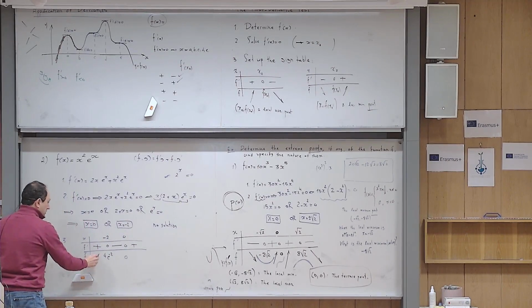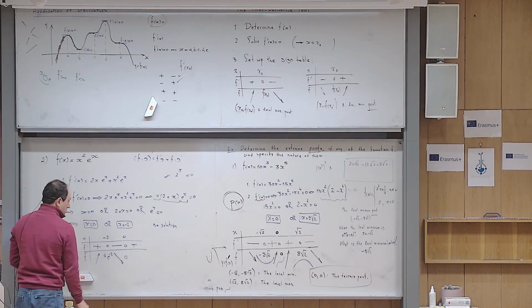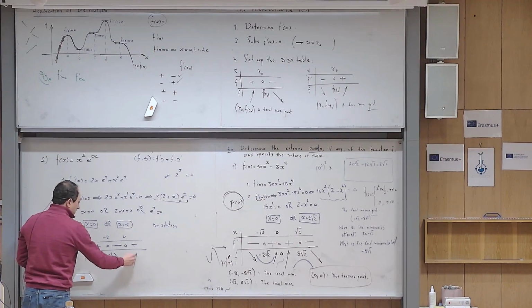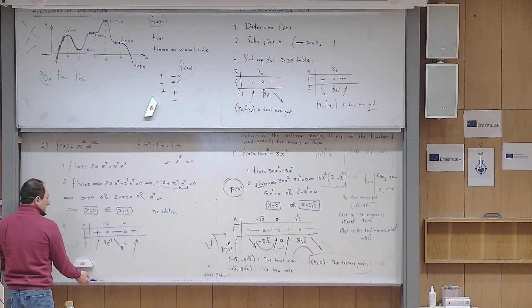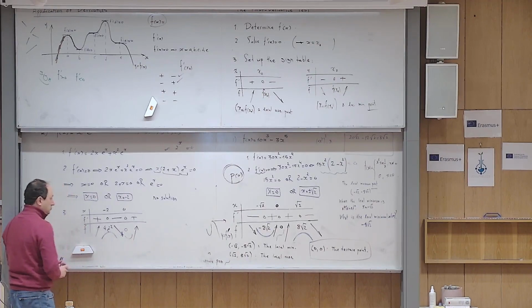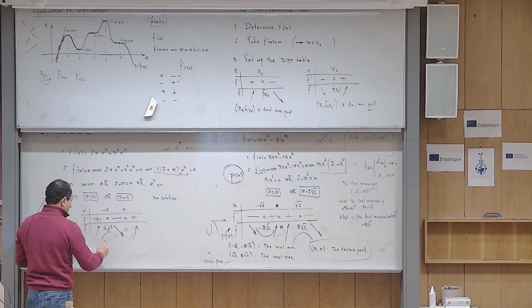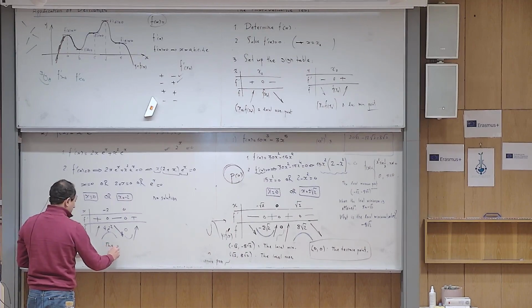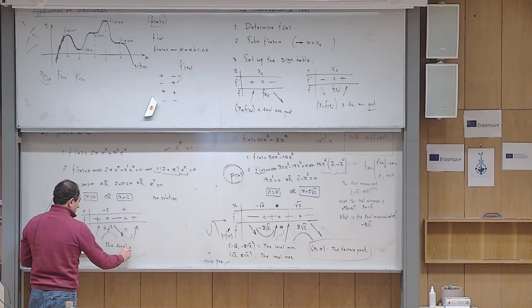So here the function goes up, here the function goes down, and then here the function goes up. So here I have a local maximum point and also a local minimum point. So the local maximum point is equal to what?